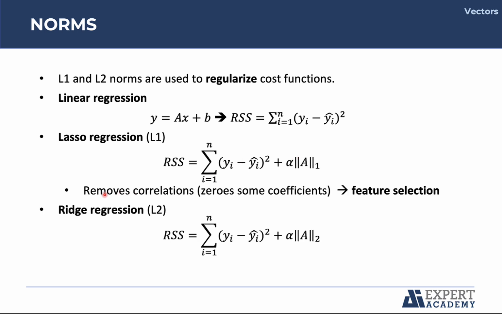This type of regression removes some correlations between attributes, so it zeroes some coefficients. It can be used for feature selection.